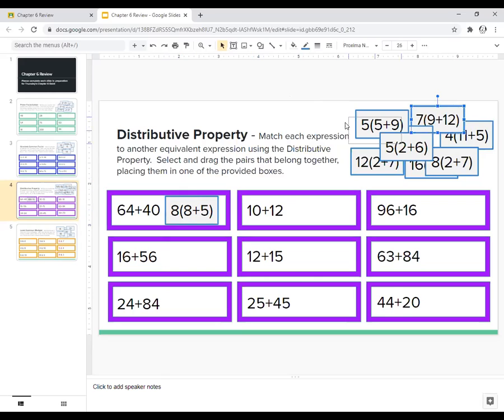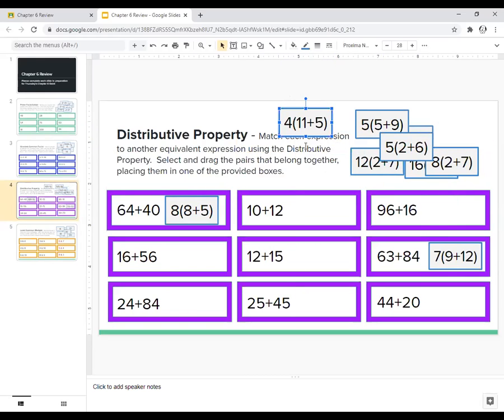Ready? I'm going to take this card now. What's this one? 63 plus 84. Thank you. Okay, louder, please. What would this one be? 44 plus 20. Thank you.